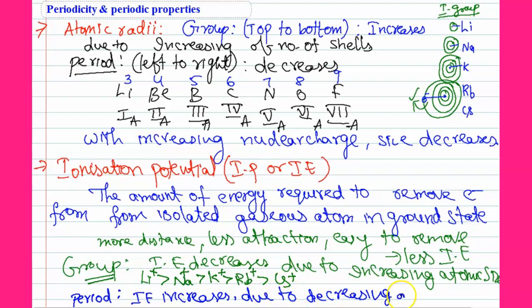Atomic size decreases means the electron is very close to the nucleus. See here students, in case of lithium, a very small distance from nucleus to outermost electron is possible. Less distance, more attraction, removal of electron is very difficult. Then we need higher ionization energy. That's why in a period ionization energy increases.